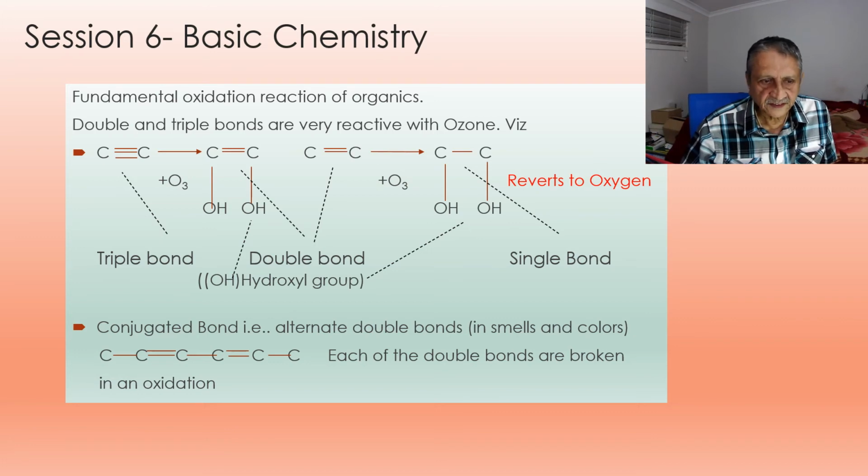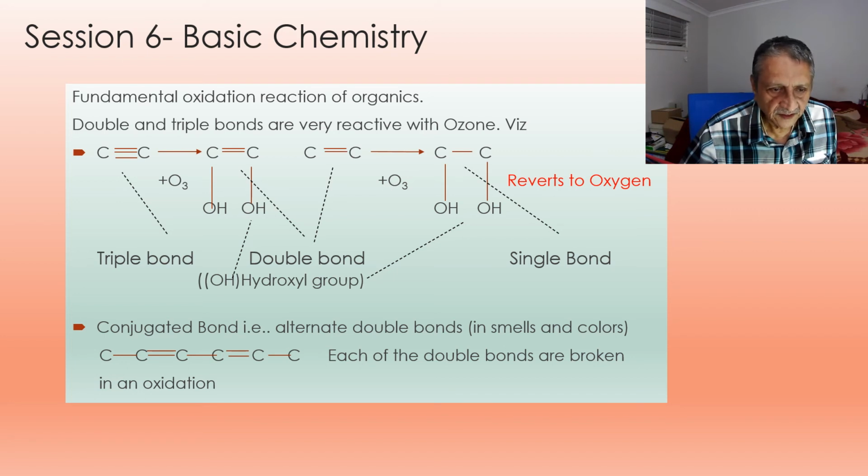Now, there are some interesting bonds, which you call conjugated. It means you find the carbons are linked with one single bond, the next one double bond, the next one single bond, and the third one is double bond and single bond, etc. So because they are single, double, etc., they call it conjugated bonds.